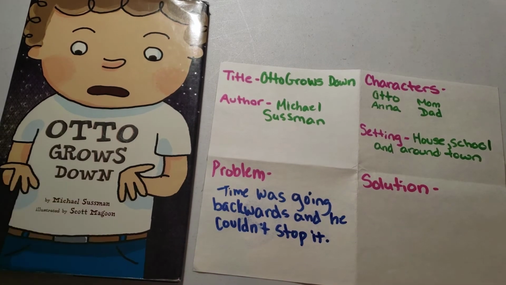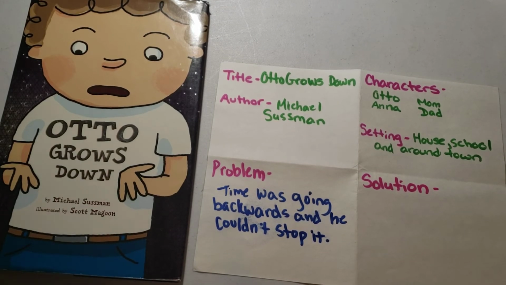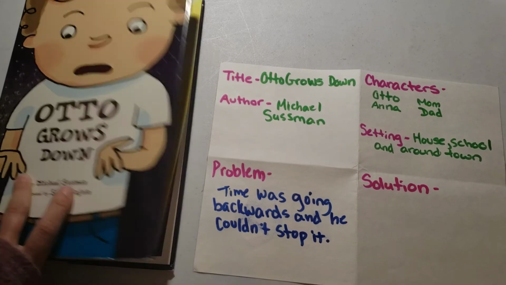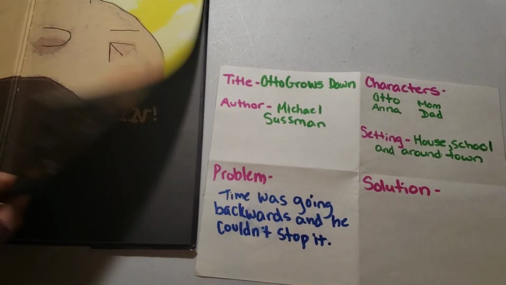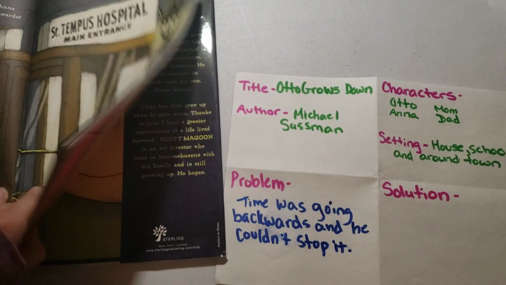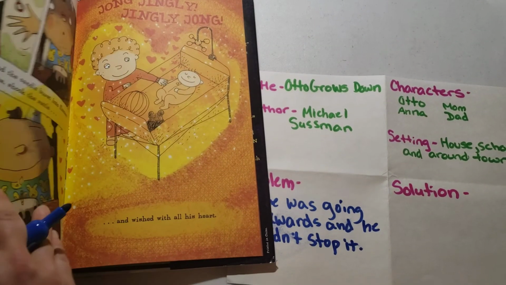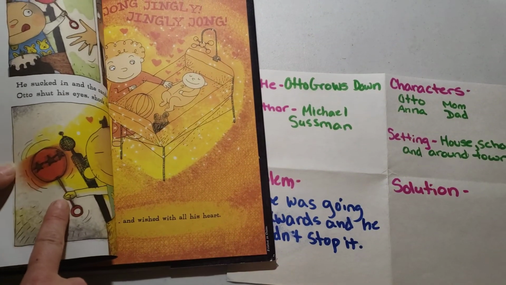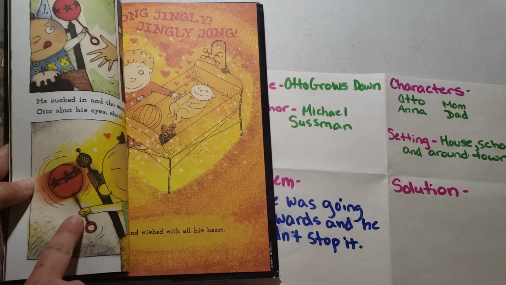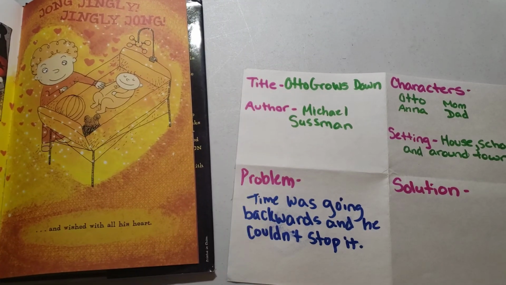Like Otto tried making a wish at every birthday, and it didn't work, no matter what he did. So the solution at the very end, if you remember, the difference in this wish was that he had the rattle. Now, he had the rattle at the beginning of the story when he wished Anna wasn't born, and he had it at the end, right?